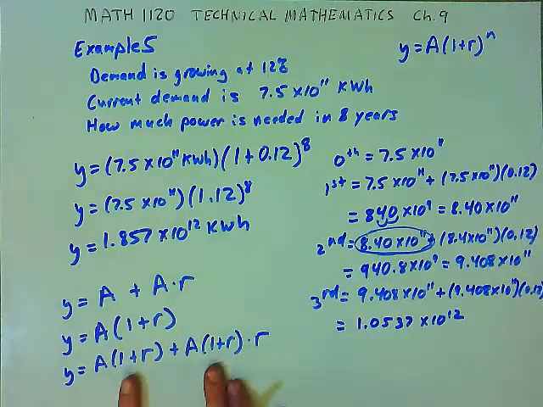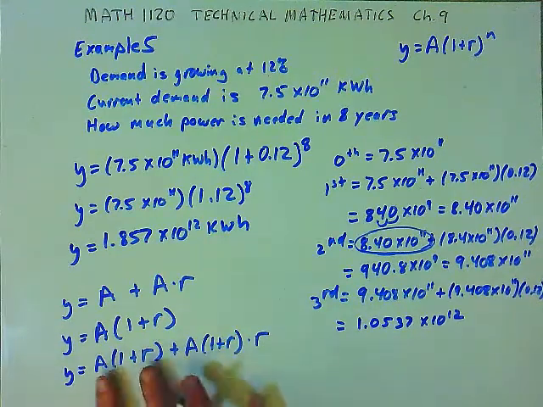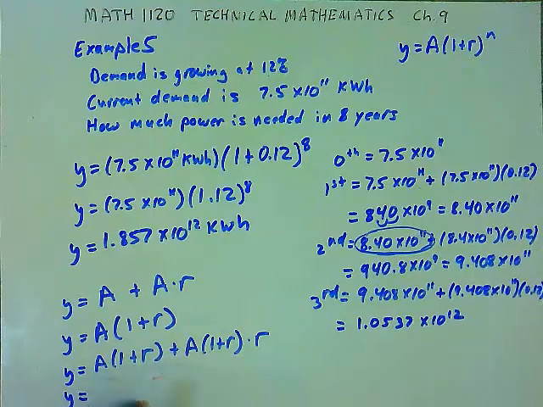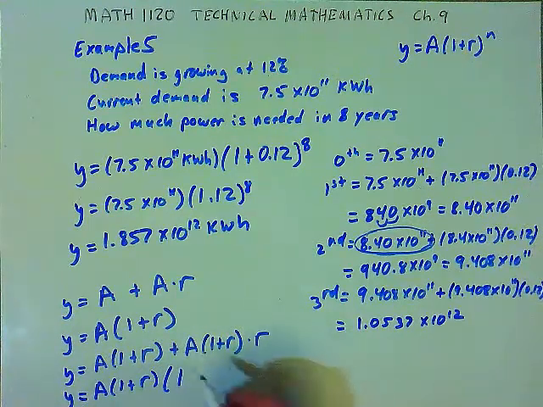And so here I have a similar situation. The A times 1 plus R is in each term, and that will factor out. And so we'll get y equals A times 1 plus R. That factors out. And what I'm left with is 1 plus R.